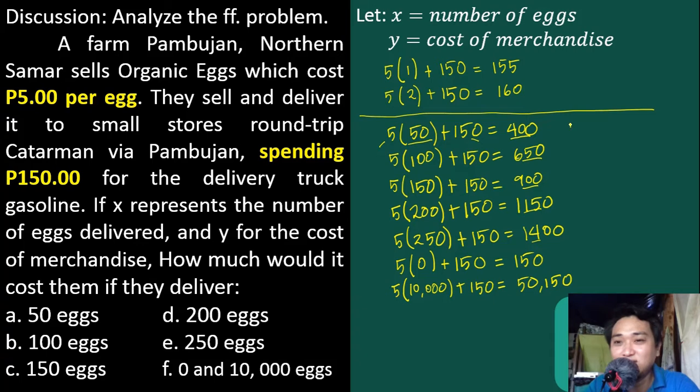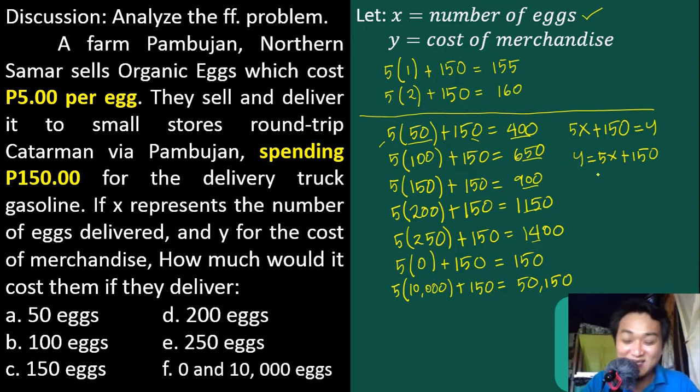So that will be 5 times x plus 150 is equivalent to y. O pwede rin natin siyang baligtarin. That is y is equivalent to 5x plus 150. Wherein, yung x is the number of eggs. Kung ilan yung eggs na dinideliver, times 5 lang, plus 150 sa panggasolina, yung y, yun yung total cost of merchandise. I hope nakuha nyo po yun. So, this will be our new mathematical expression for this problem.